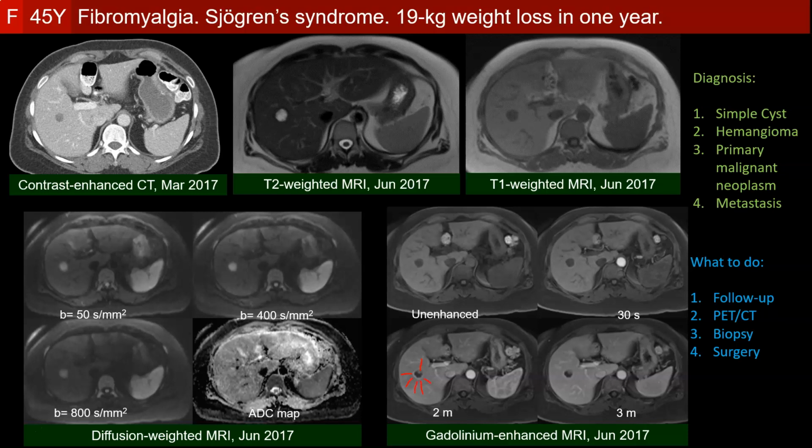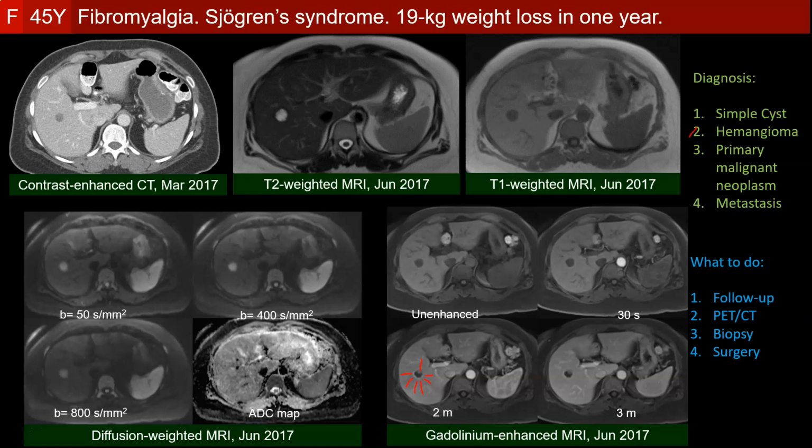This feature should alarm the radiologist that this may not be a hemangioma. The periphery of a hemangioma is most of the time discontinuous. There are small islands of enhancement, but a continuous rim is an alarming feature.